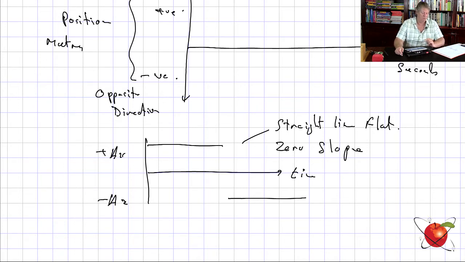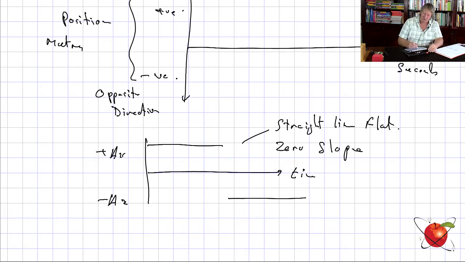Well, what does that mean? Let's ask ourselves, what does it mean? It means, quite straightforward, the following, doesn't it? Okay? It means that we are flat line, we're not moving.